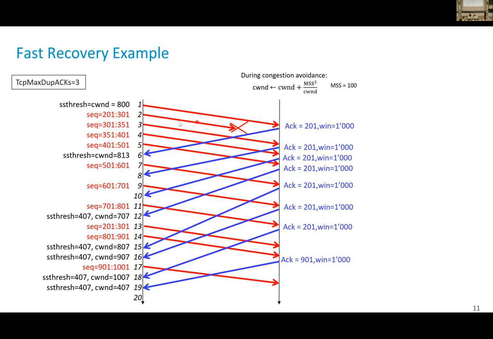Here is a cartoon that is showing a number of transmissions from the sender on the left. The packet sent at time 2 is lost here. So some acknowledgements will be received, and we will see that the acknowledgement field here does not increase because it's stuck at number 201, which is the first byte of packet 2 that is missing.